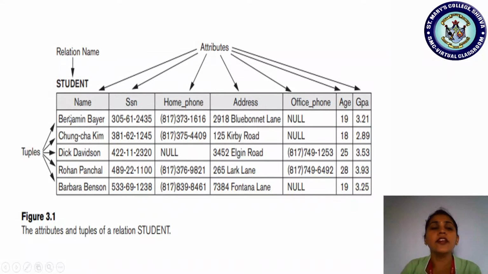Did you all understand? Whenever a select operation is executed, there are two sets of tuples we can observe. One set is the one which qualified, which satisfied the condition. Here the first record satisfied the condition by matching name equal to Benjamin.